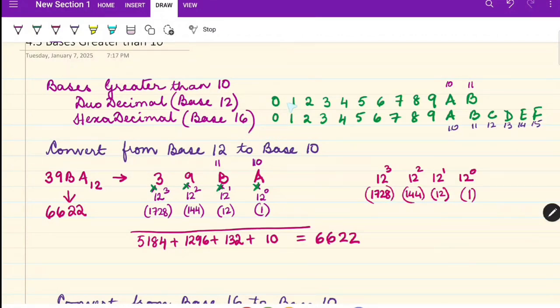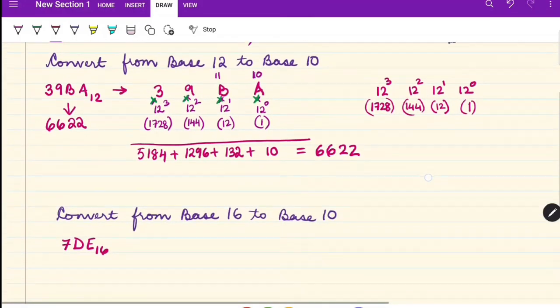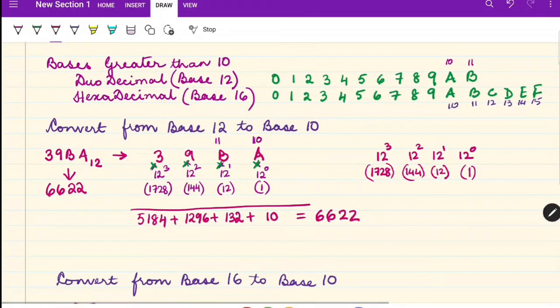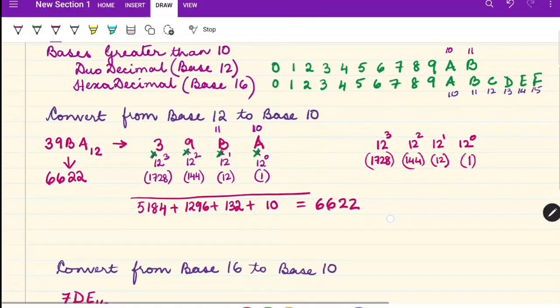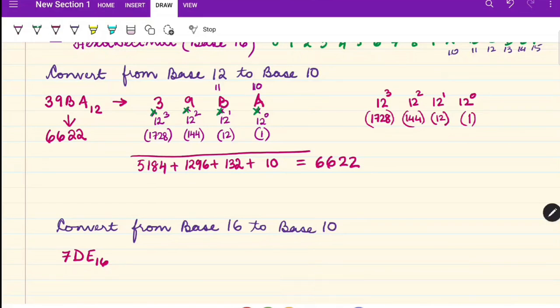It starts from 0, goes all the way to 9, and after 9 it's represented with letters of the alphabet starting from A being 10, B being 11, C 12, D 13, E 14, and F 15. So we have a D and an E in the number that we have to convert. D would have a value of 13, E would have a value of 14, and 7 is 7.